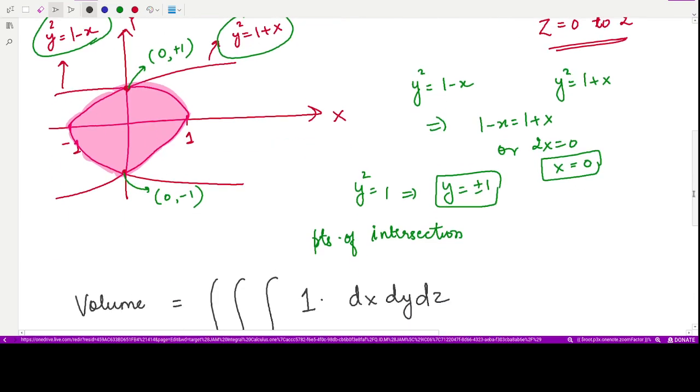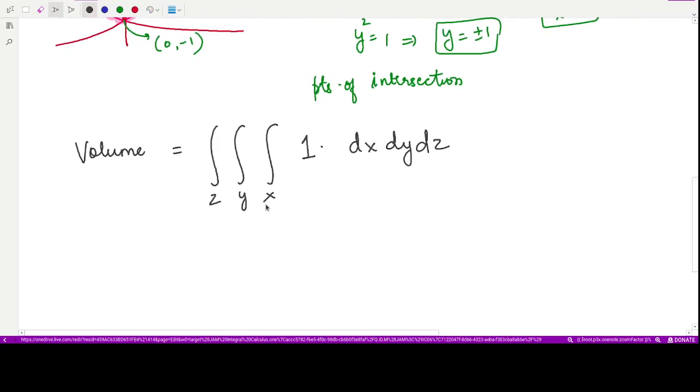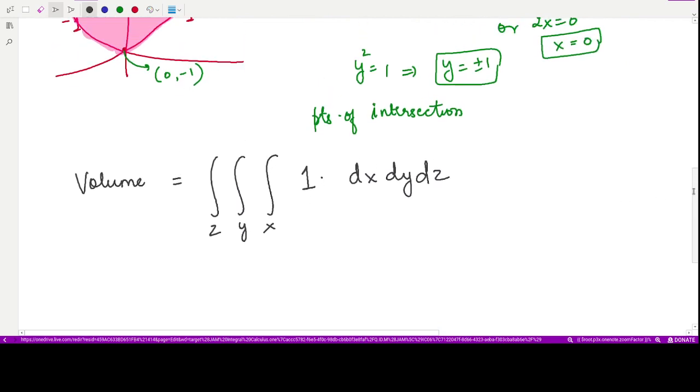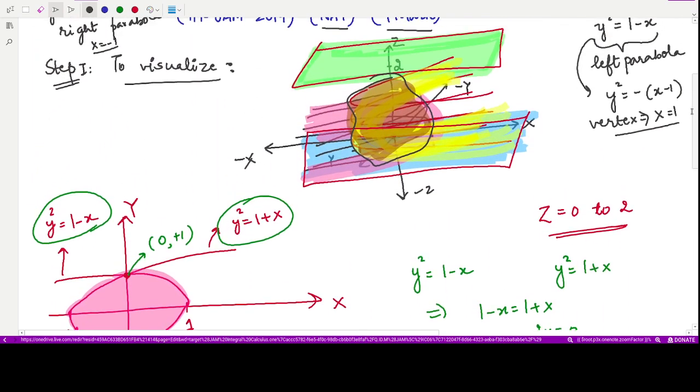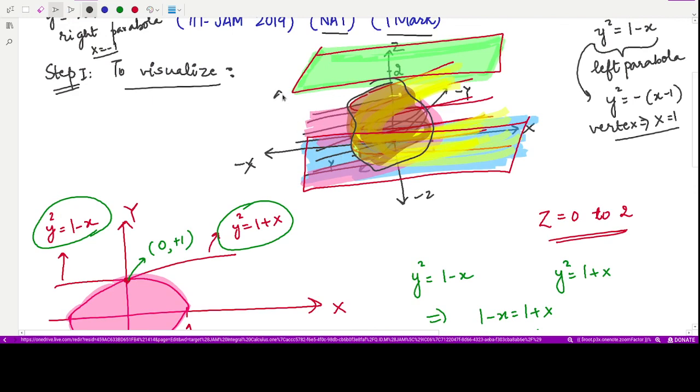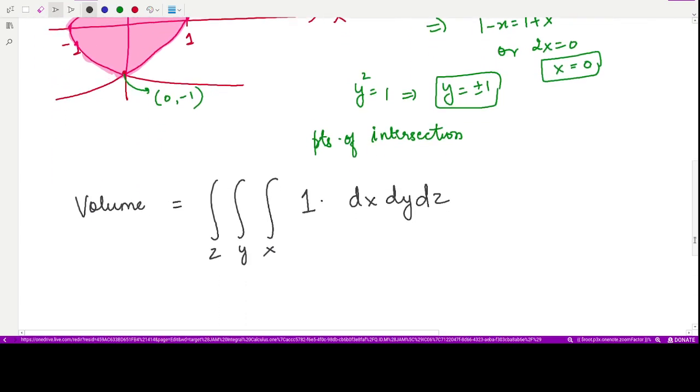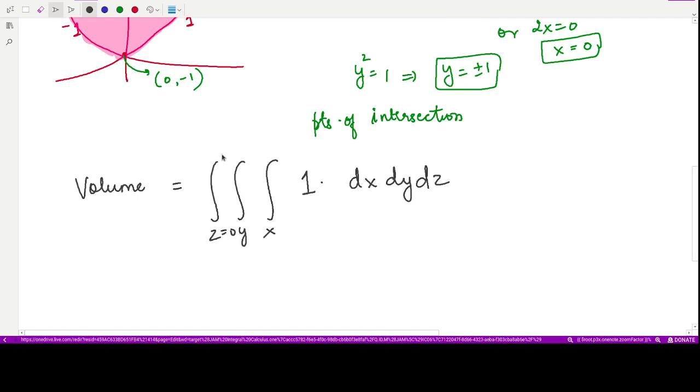According to that, you will have to see the limits for x, y and z. Now you already know that in the z direction you take the distance from this plane to this plane, so the limits of z are from 0 to 2. So that is clear. Now what about x and y?